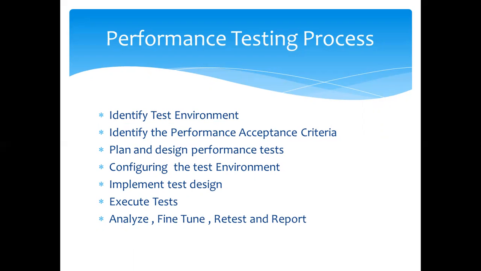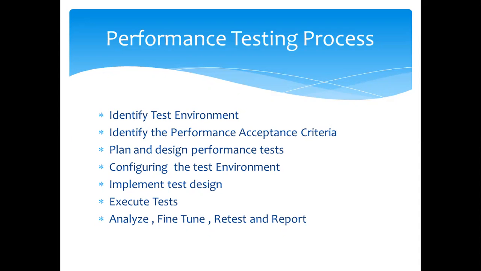You need to identify all these things. So these are the test environment. After identifying the environment and the tools, what challenges you will be facing, you need to understand all those things. So identifying the test environment is a very key step in performance testing.